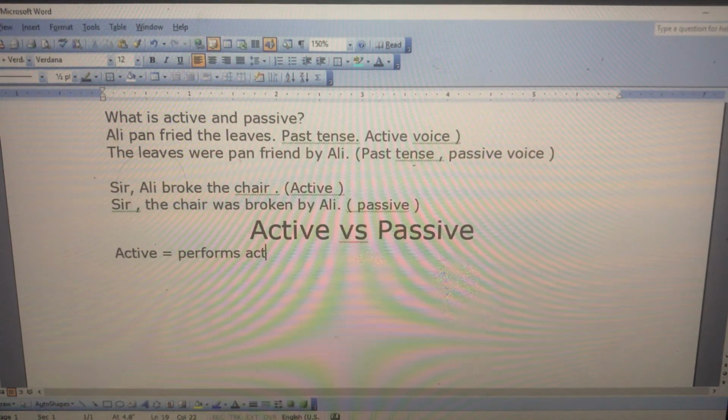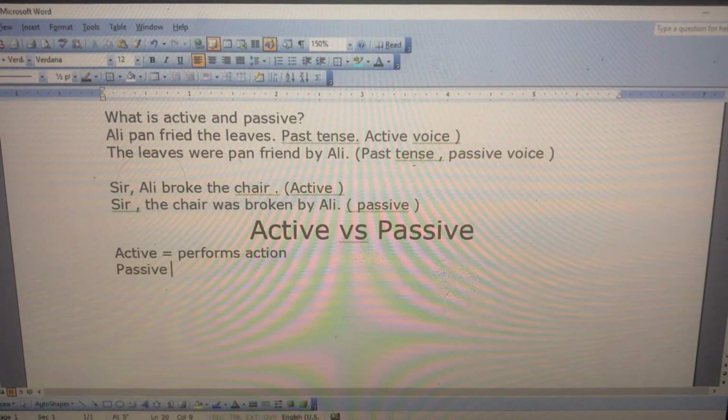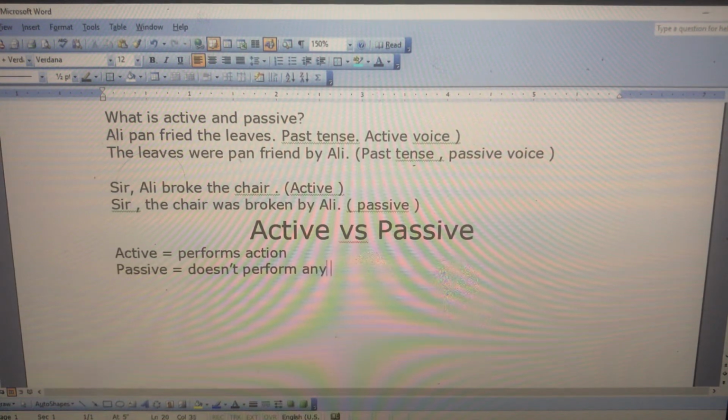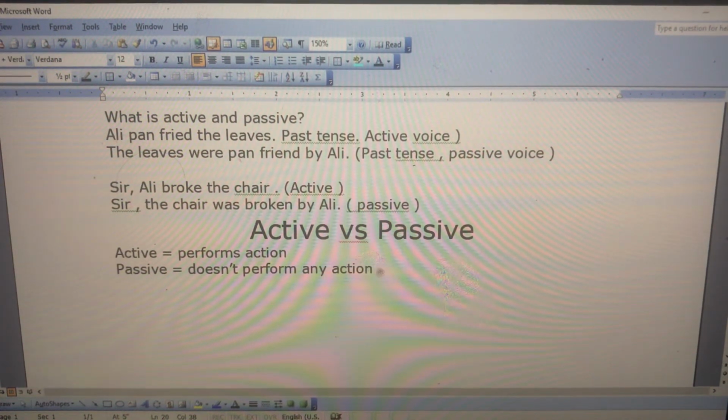Passive means that it doesn't perform any action. Or we can say that the performer is clear.